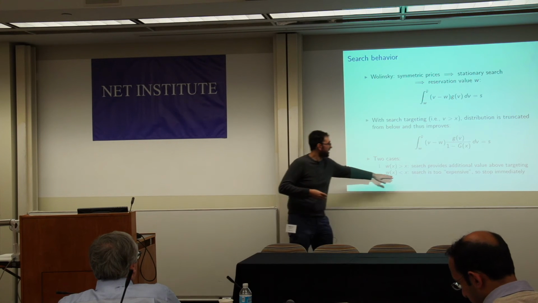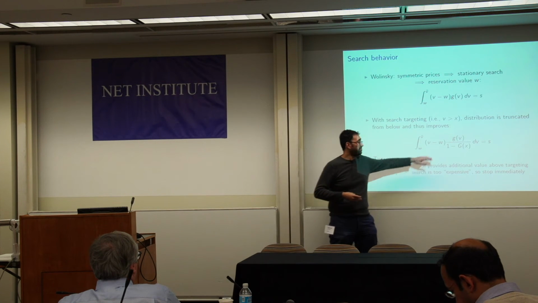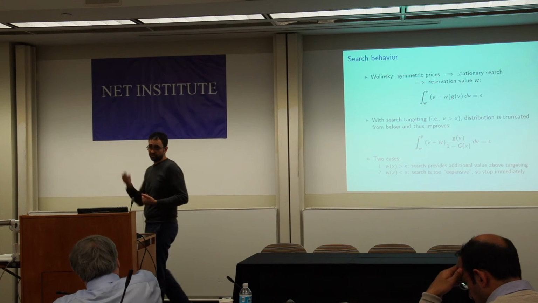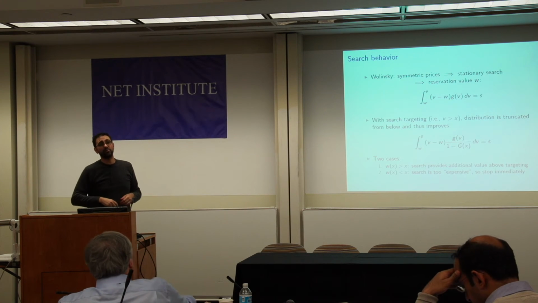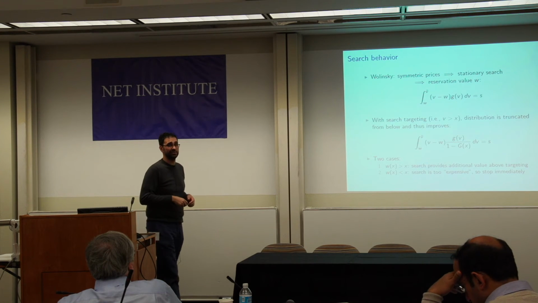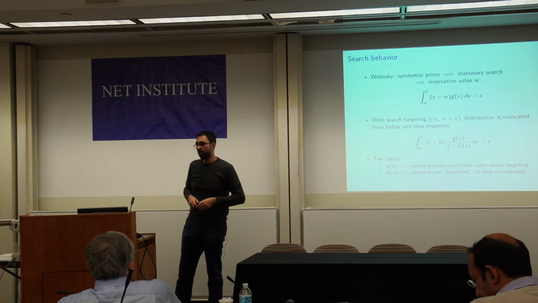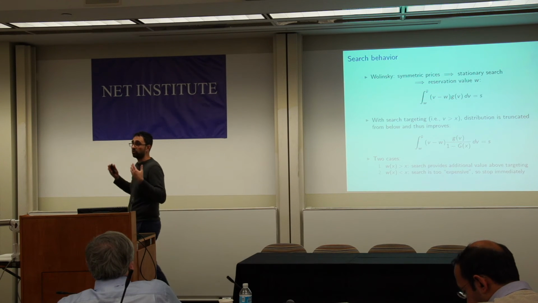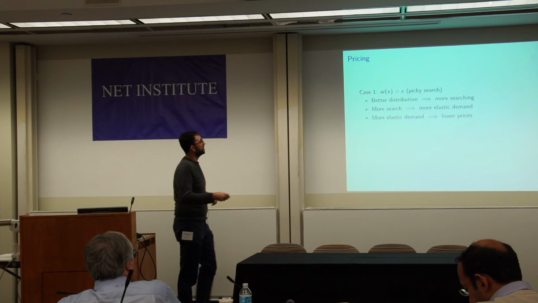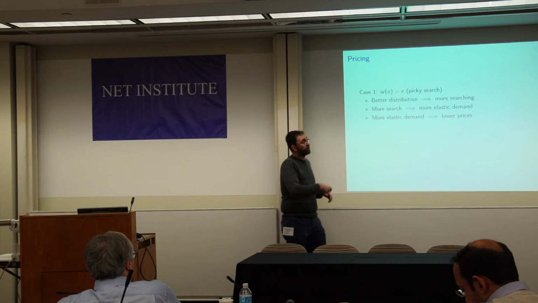You can think of this second case as saying, I'm guaranteed to see something that's already so good, so close to the upper bound of the possible range of values, that there's really no benefit whatsoever to expending any additional cost and continuing to search. And so the pricing is going to depend very much on which of these two regimes we're in. And so the intuition for the first regime is that we have this better distribution.